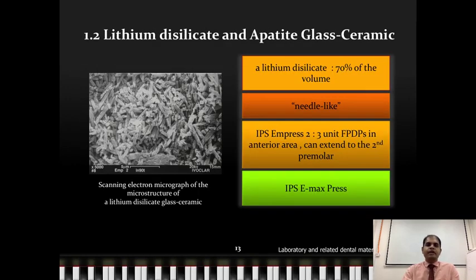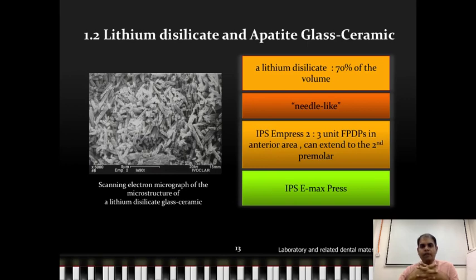The second subtype is called lithium disilicate apatite glass ceramic. It is also a glass ceramic mix of feldspar oxide or flux, whereas in the total volume, they have 70% volume as lithium disilicate. Now the structure of lithium disilicate, as you can see in this picture, is very delicate. It has very small plates interlocking with each other.